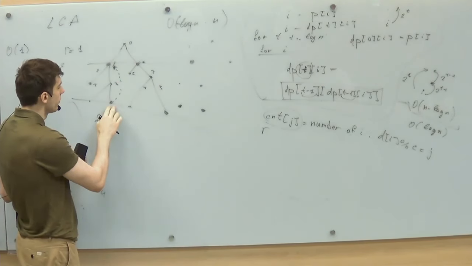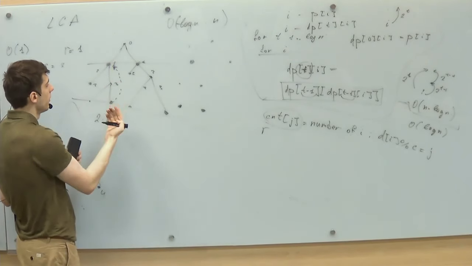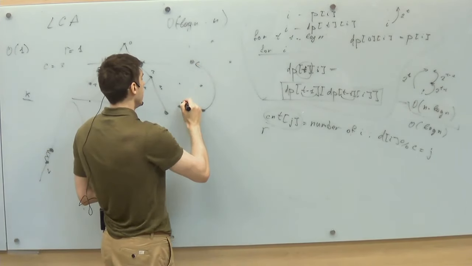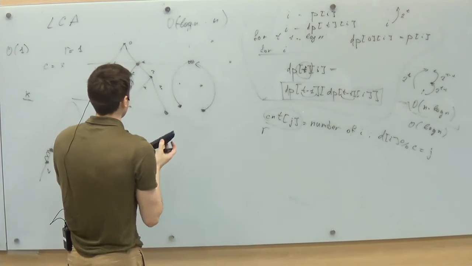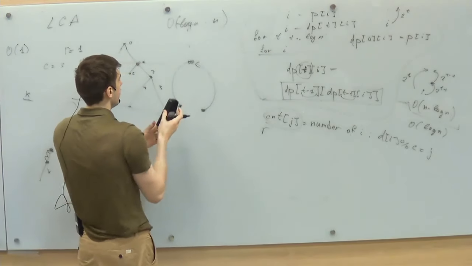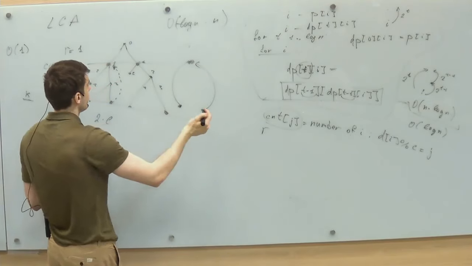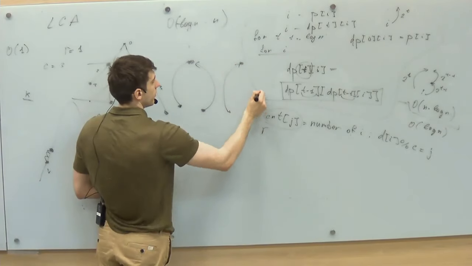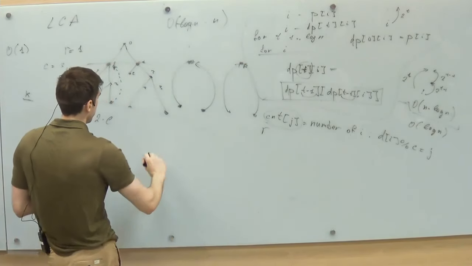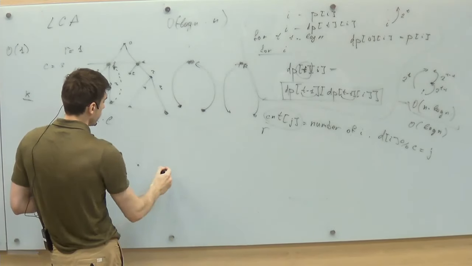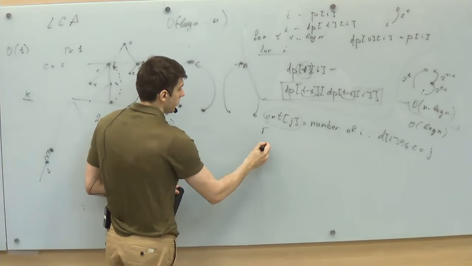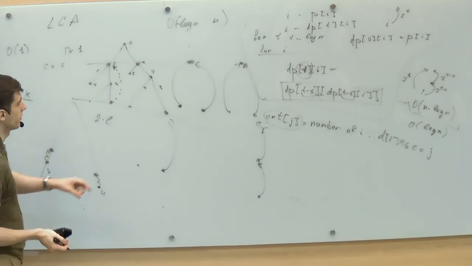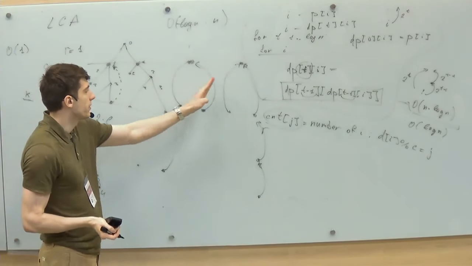For any special vertex, we'll just store the link to the nearest ancestor which is also special. So here we'll have something similar. If, for example, there are some more special vertices here, they will extend our smaller tree as well. So it might not be one tree, but separate trees.